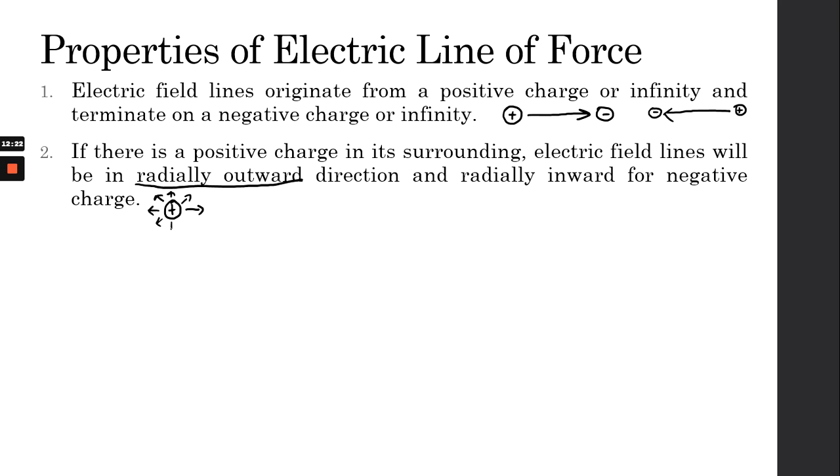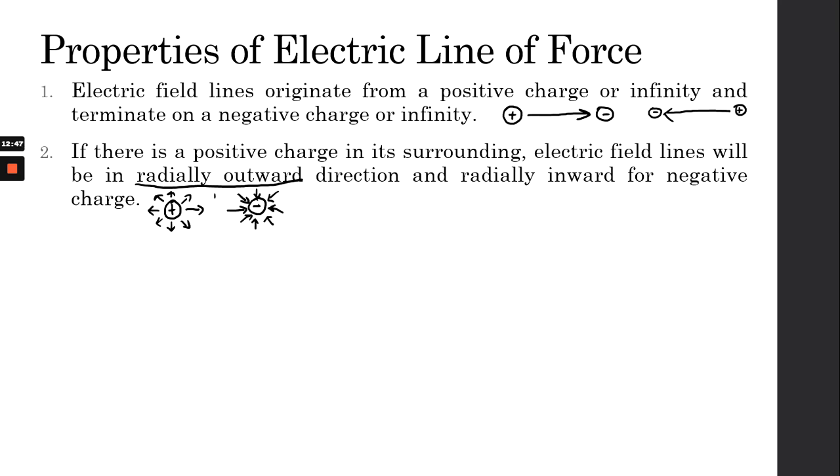This would be the direction of my electric field. But if I have a negative charge, it will be radially inward. Everything will be directed to the negative charge. This is the direction of your electric field. Again, it starts from positive and will end with negative.